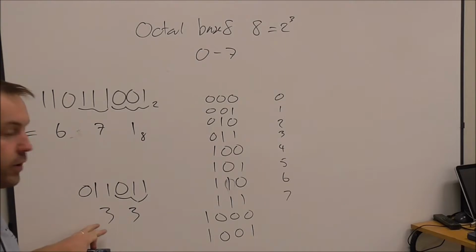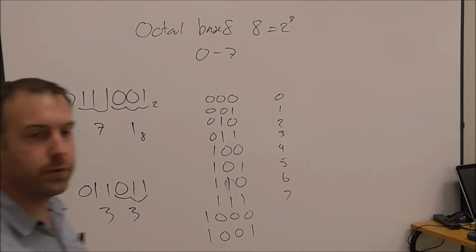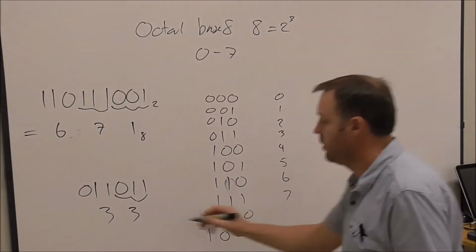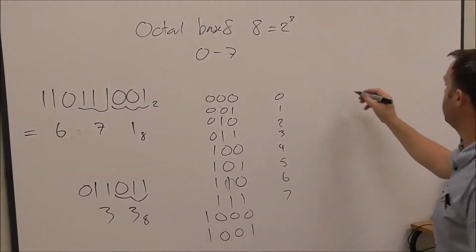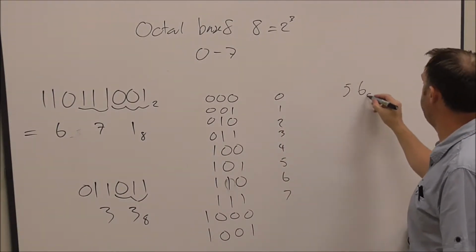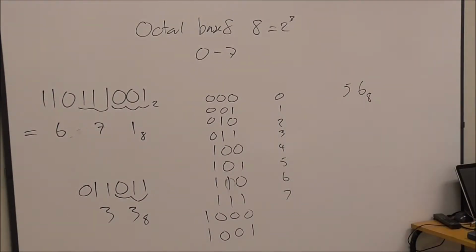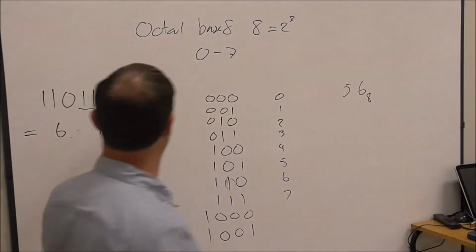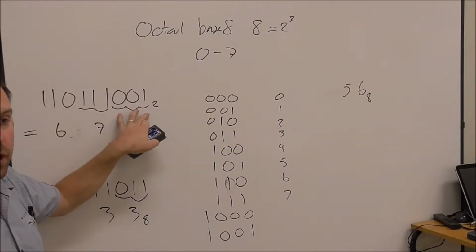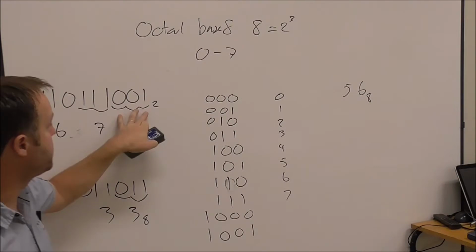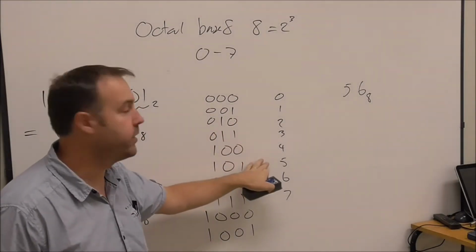So if I wanted to convert from octal to binary, what do you think I would do? So if I had, let's say, 56 base 8, how would I convert that to binary? What do you reckon? So remembering on this side, what we were doing is we were taking a group of 3 binary digits, and that corresponded with a single octal character.